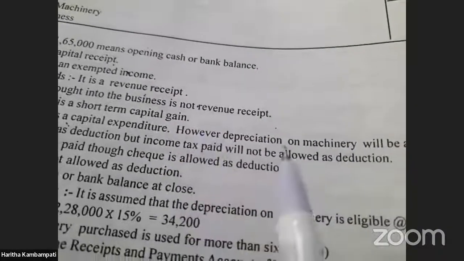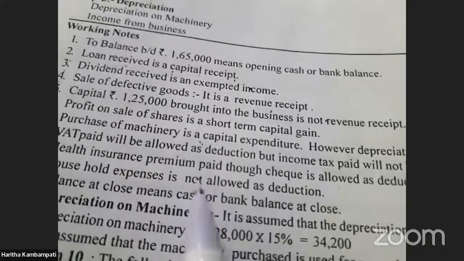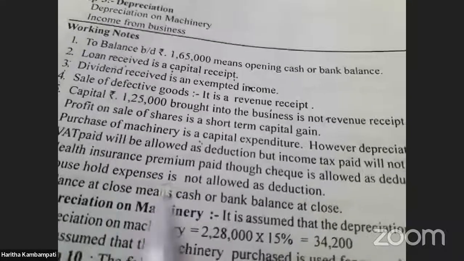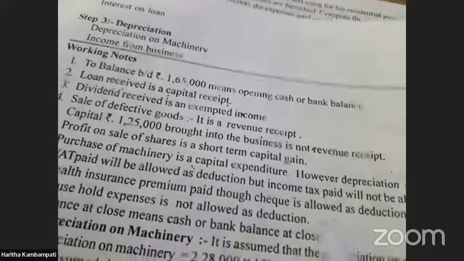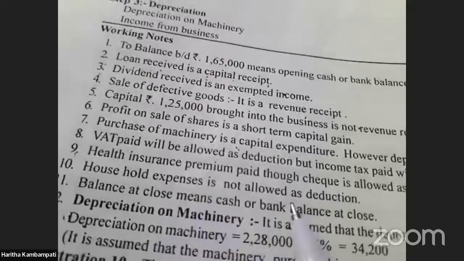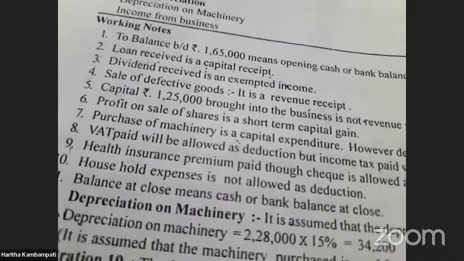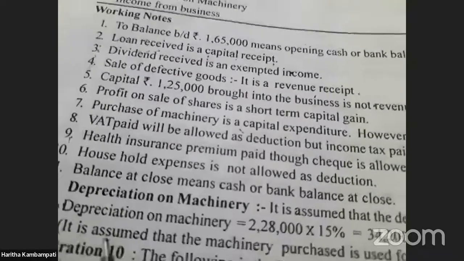Only business expenses we are allowing. Health and insurance is related to employees, not an insurance paid for his personal nature. So that's why. Household expenditure, straight away, it is a personal expenditure. Drawings itself, we should not consider as a deduction.